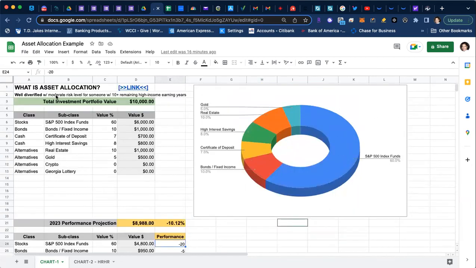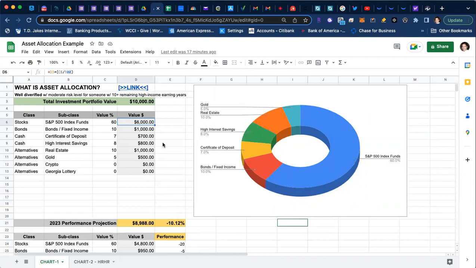So this gives an example of the power of asset allocation. It's very important for you to make sure that your portfolio is diversified in a way that you don't have all your eggs in one basket, but at the same time, you have really good earning potential in that the lion's share of your portfolio is in line with your risk level.